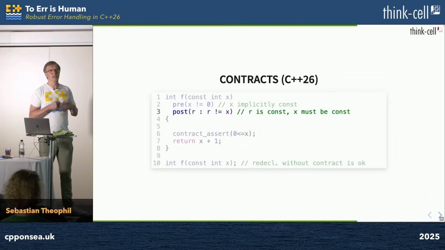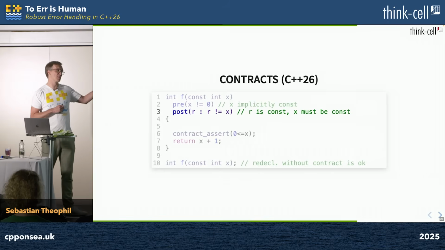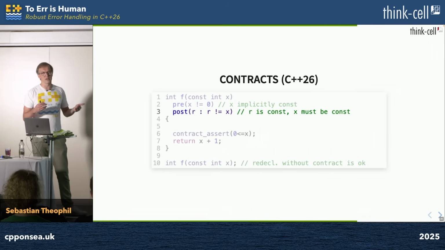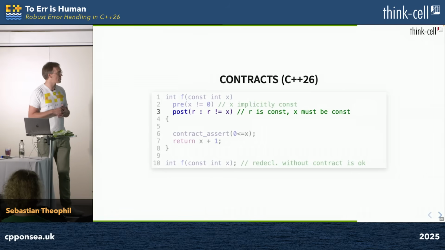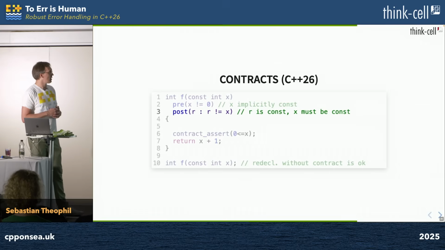If post conditions refer to function arguments, then those function arguments must be explicitly declared const. Again, to save you from making the easy mistake that you have changed your function arguments in the meantime, and now your post condition is checking something weird. And then we have contract asserts as a replacement for C-style asserts.